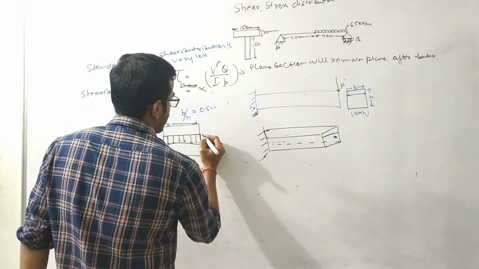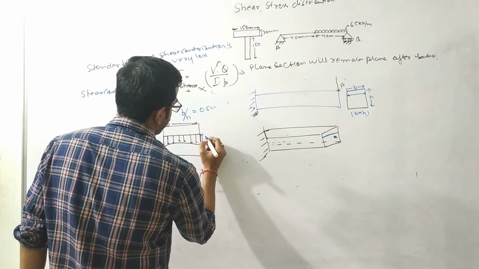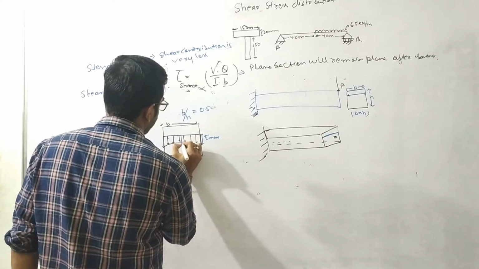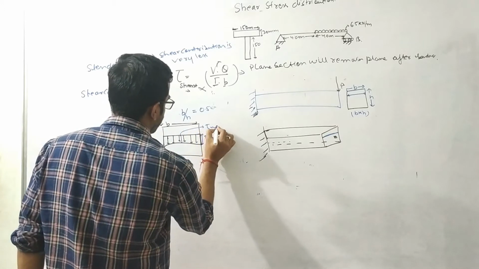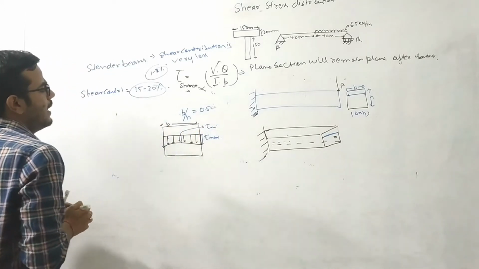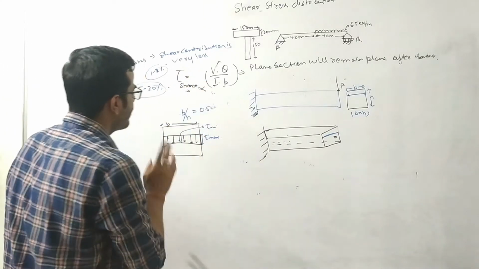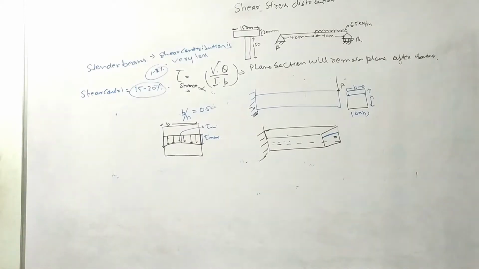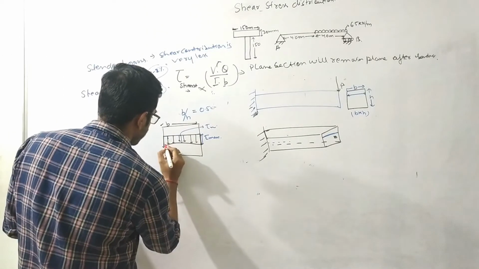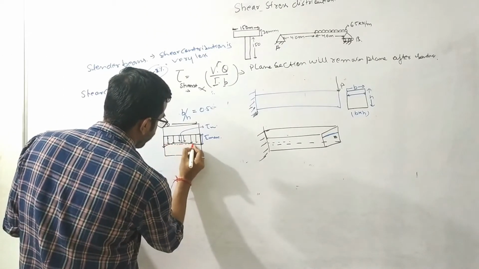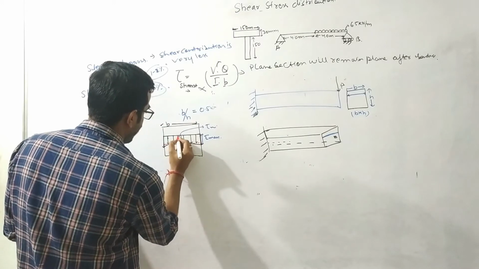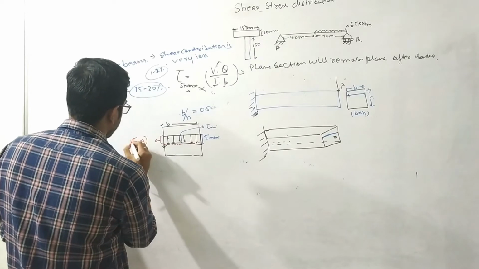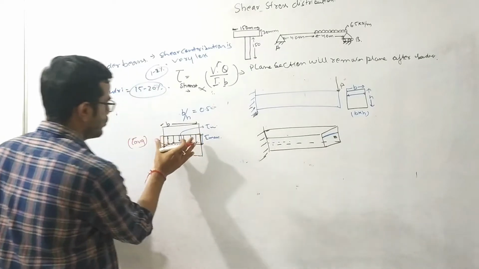At the end faces I am getting the value of tau max, and here I am getting the value of tau minimum. Through this formula, what I am calculating is tau average. So this will be my tau average. Average stress is the same throughout the cross section.